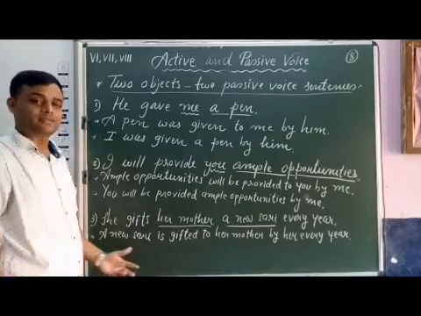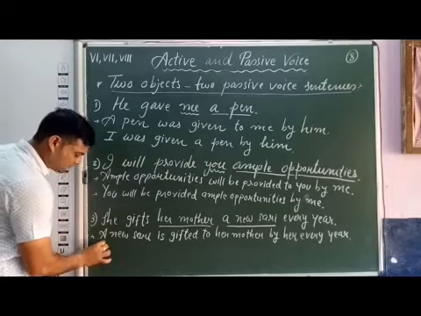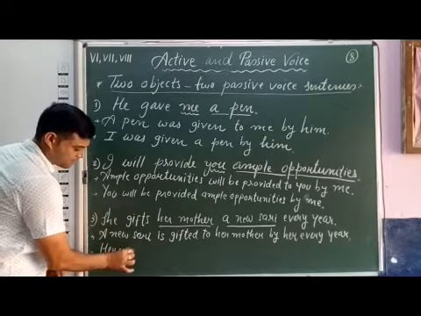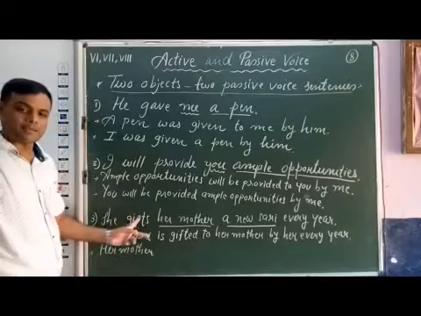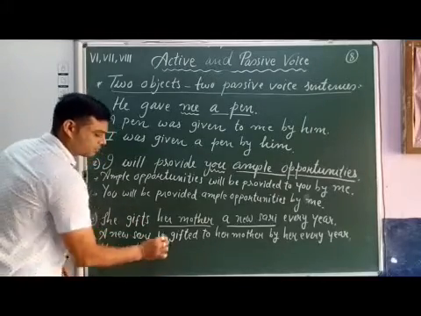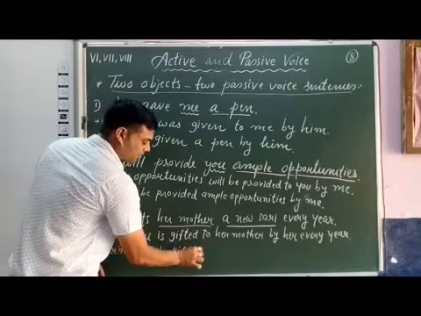Now we use indirect object, her mother. Her mother, as it is simple present tense, so to be form is, V3 of gives, gifted.